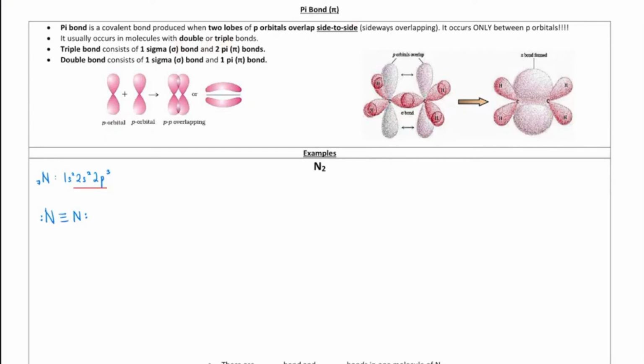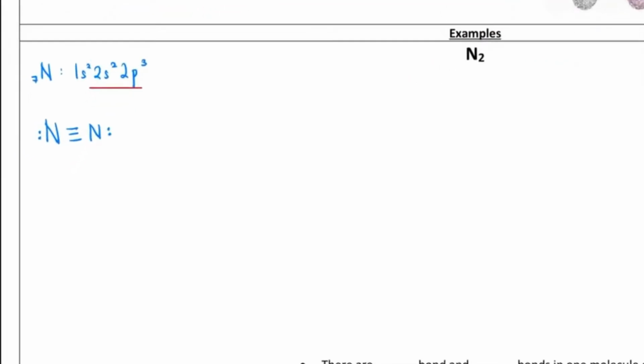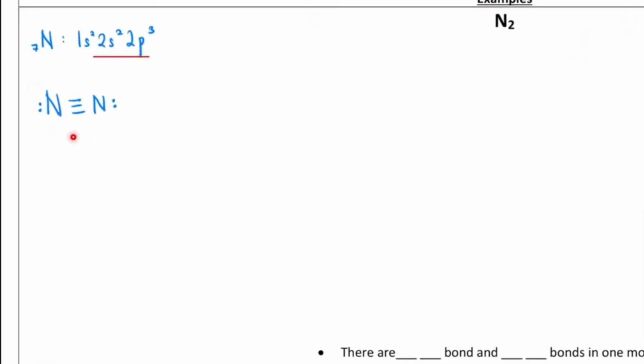Okay, so kita nak draw orbital overlapping for N2 molecule. So macam tadi, kita kena ada Lewis structure for N2. Okay, so this is the Lewis structure for N2 and triple bonded to another N. Okay, so since triple bond, kita recall balik tadi, triple bond ada satu sigma dan dua pi bond.